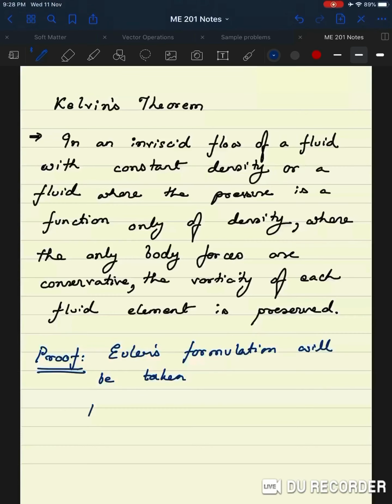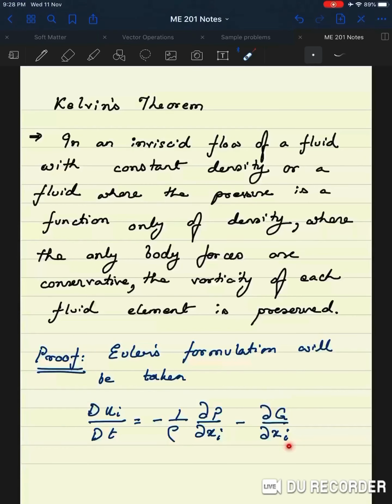Okay, this is easiest solved in index notation. So dui dt equal to minus 1 by rho del p del xi minus del g del xi, right?